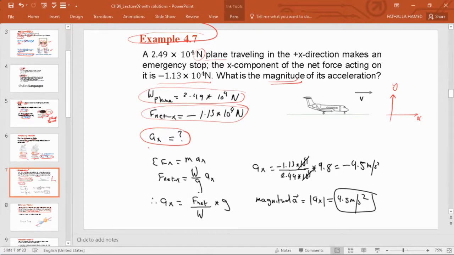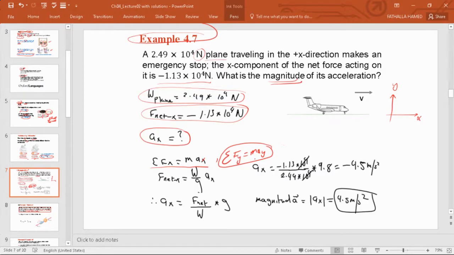Now, whenever you have this, the net force along x will equal max. And you also have the summation of the force along the y equal to may. But in this situation, there is no motion along the y.